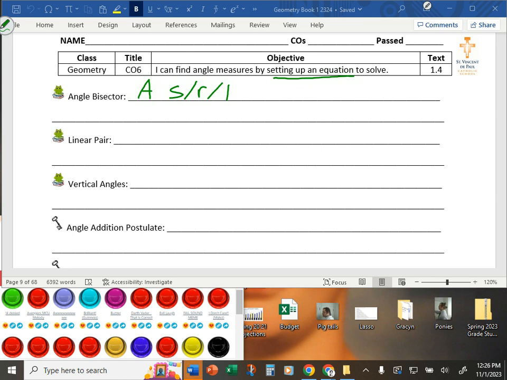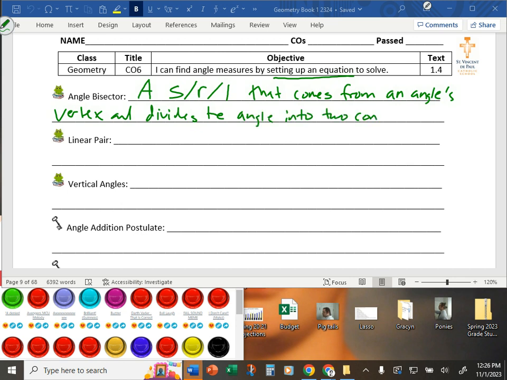So an angle bisector is a segment, ray, or line that comes from an angle's vertex and divides the angle into two congruent parts.